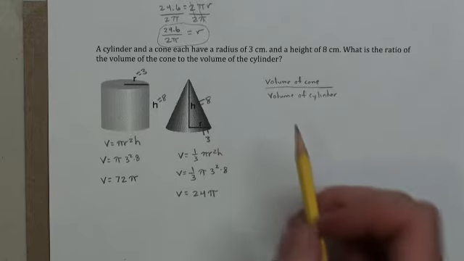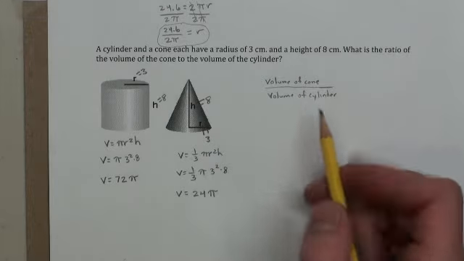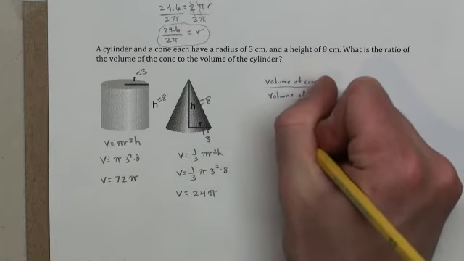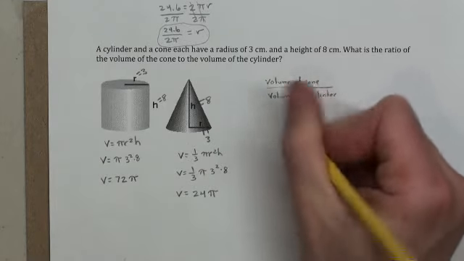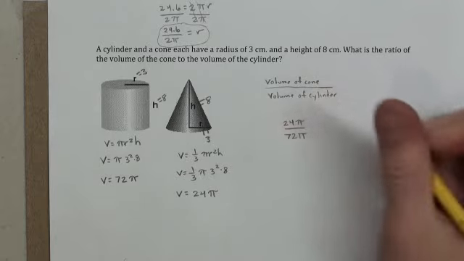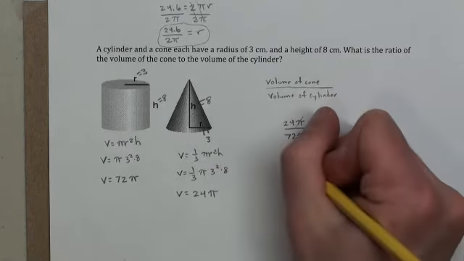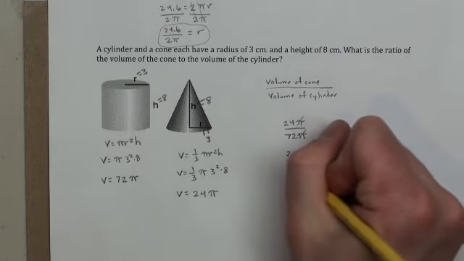Okay? So the volume of the cone over the volume of the cylinder, we have 24 pi over 72 pi, and now we just reduce that. The pi's cancel. So we have 24 over 72.